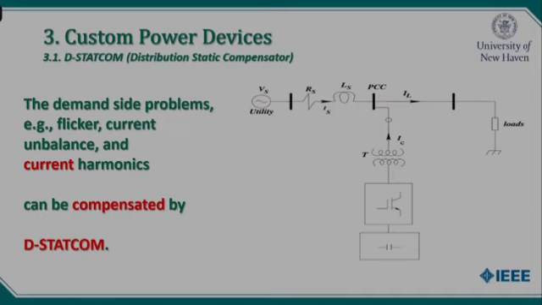The utility has been modeled by a generator, a voltage source behind an impedance including RS and LS, connected to the point of common coupling. After the point of common coupling, PCC, we have a feeder which has been connected to loads. Also at PCC, we have the STATCOM.